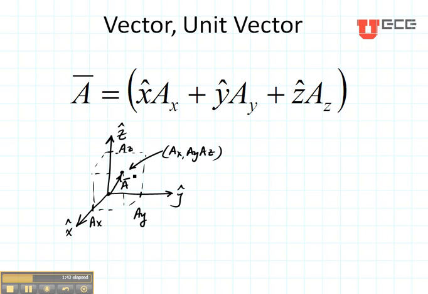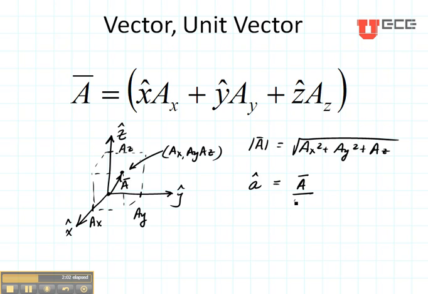If we wanted to find the magnitude of a, we would take ax squared plus ay squared plus az squared and take its square root. If we wanted to know its direction, we might call that a unit vector, and that would be the vector a divided by its magnitude.